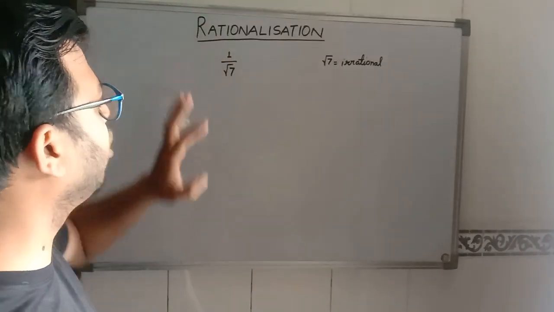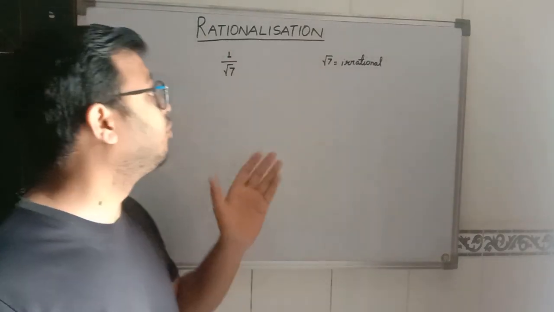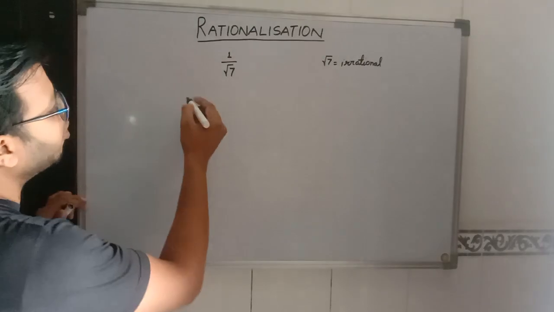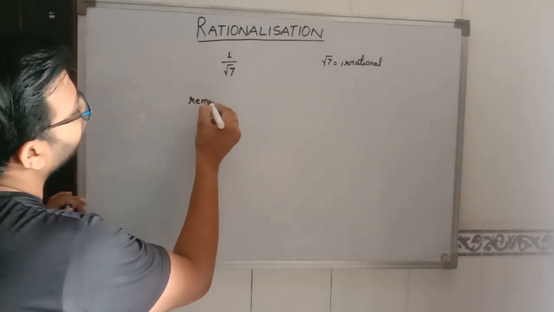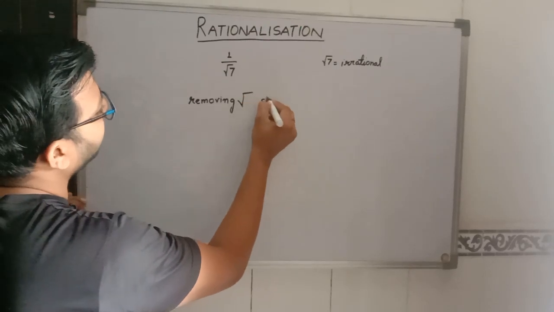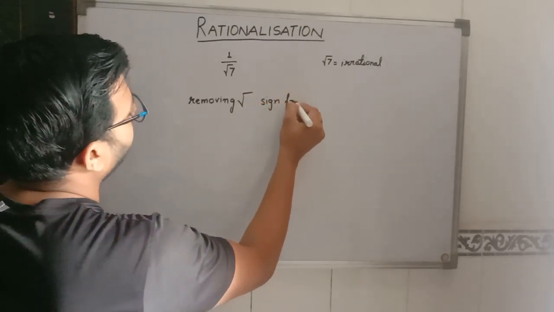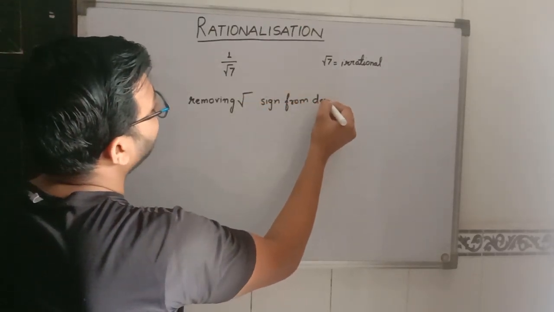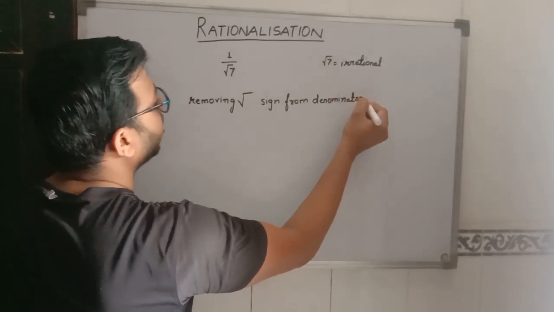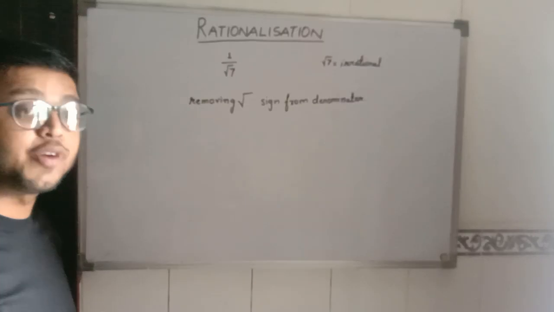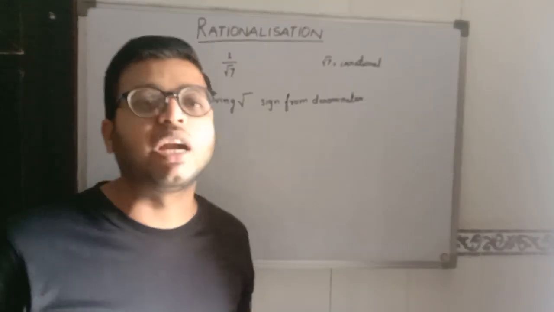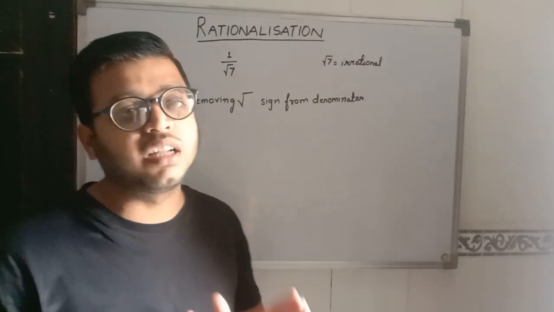So 1 upon root 7 is irrational. So what is rationalization? Rationalization means removing the square root sign from the denominator. Very easy topic. You have to remove the root sign from the denominator only. It can be written in the numerator, but it must not be in the denominator.